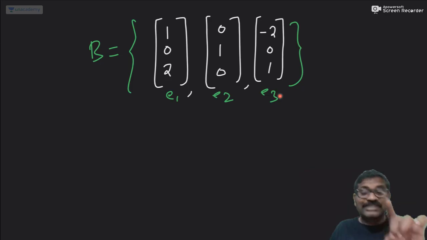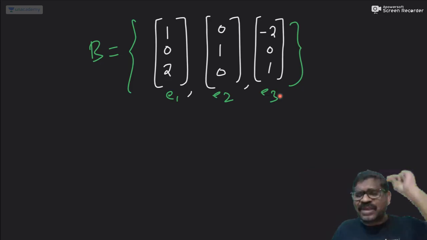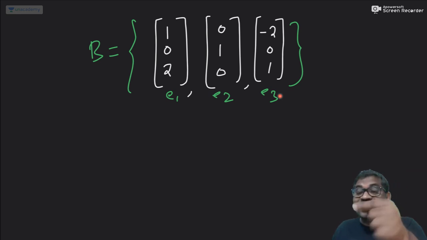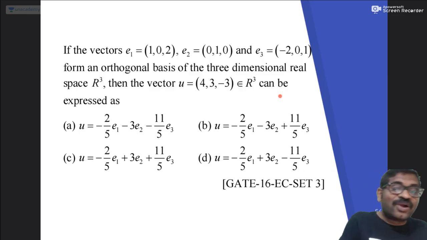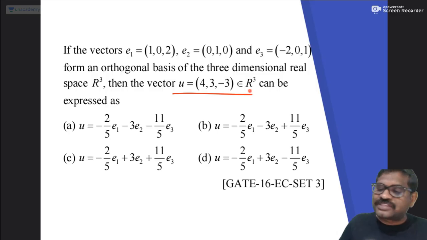As per the concept of basis, if you take any vector from your vector space, that vector is possible to express as a linear combination of E1, E2, E3. That is the concept of basis. You all know. Okay. Here, what is the vector belongs to the vector space? 4, 3, minus 3.